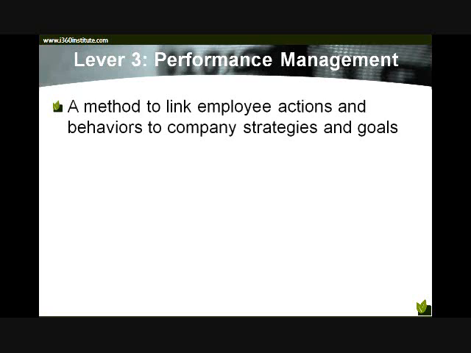This is not going to be any different when a change event occurs. We have to have a method to link the actions and the behaviors of all of our employees to the strategies and the goals of our organization. This includes progression to a new platform or to a new paradigm.